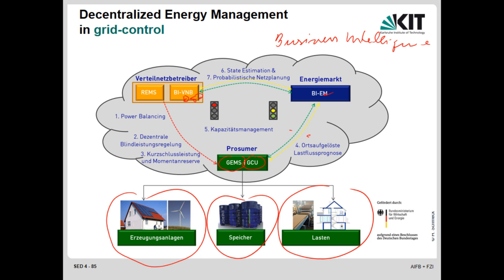And in the red phase, the regional energy management system, which is under the control of the distribution system operator, will directly interfere using that line with the building energy management system or the grid control unit directly, and either switch off solar panels or maybe switch off heat pumps, for example.